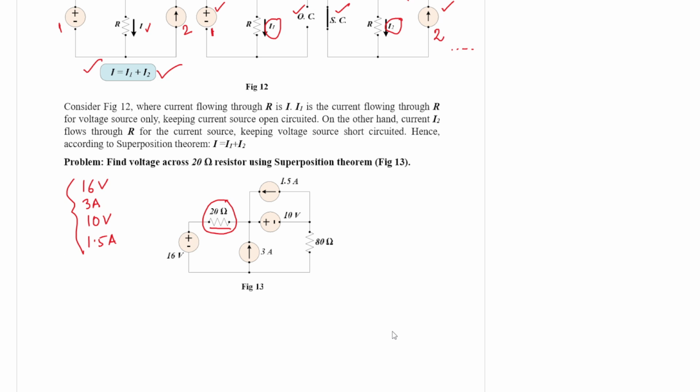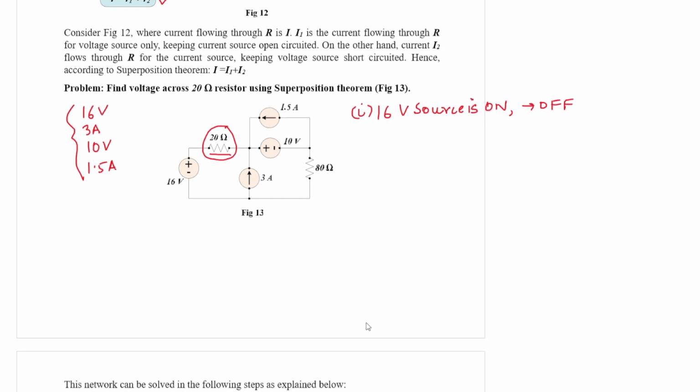Let us consider first that the 16 volt source is on, and other sources are off, right? Other sources are off.